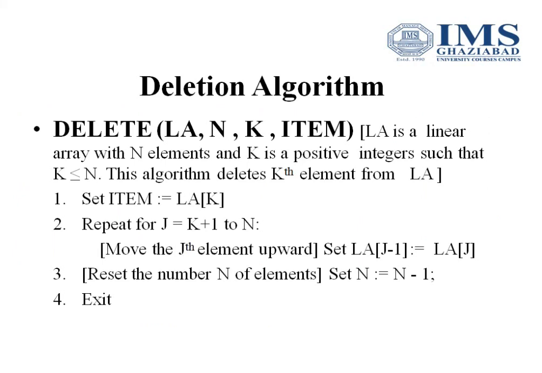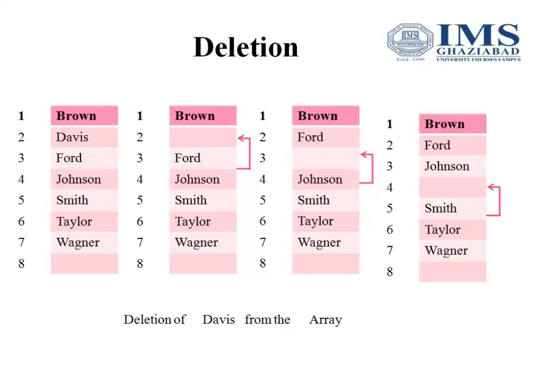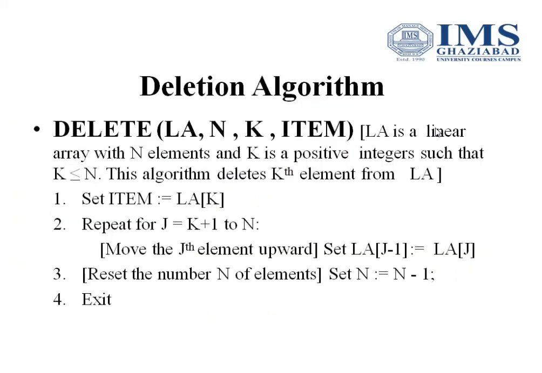Now we will start our algorithm. We assign values to J from K plus 1 to n, which means here the value starts from 3 to 7. Move the jth element upward.